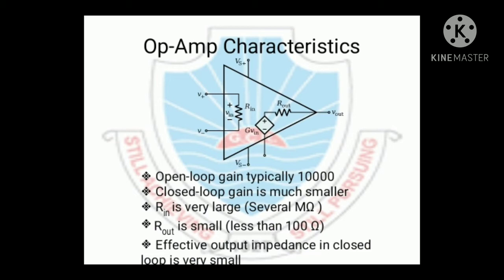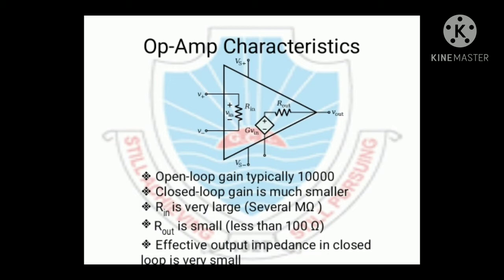But effective output impedance in closed loop is also very small. So we can say that all the characteristics of an ideal op-amp are nearly possible in a practical op-amp also. So we have nearly matched all the ideal characteristics that we have discussed earlier.